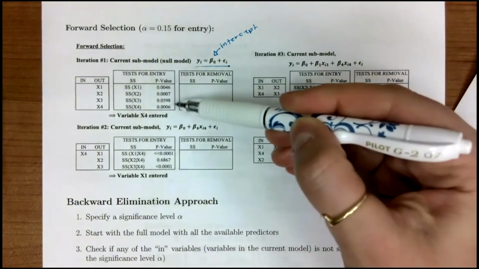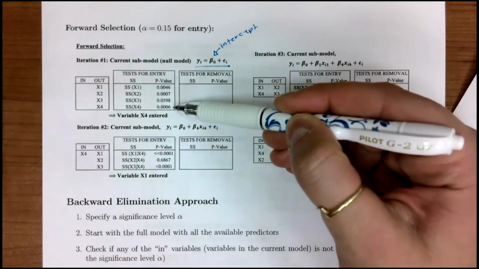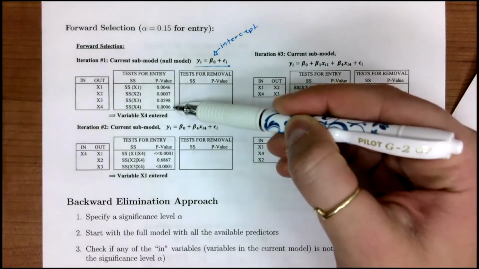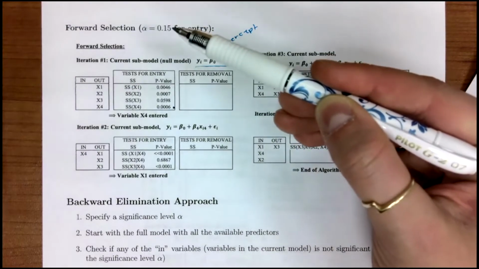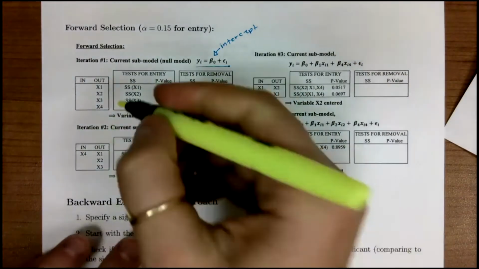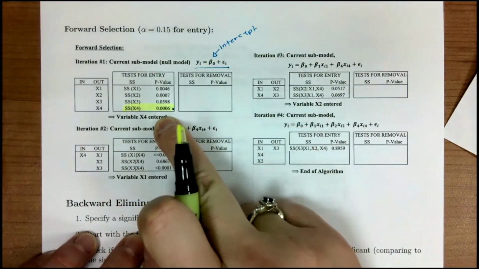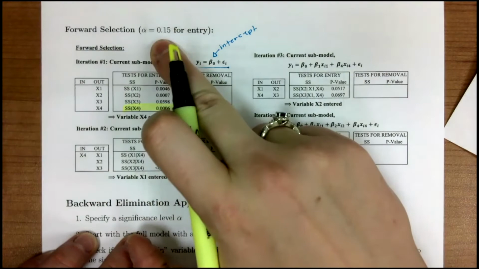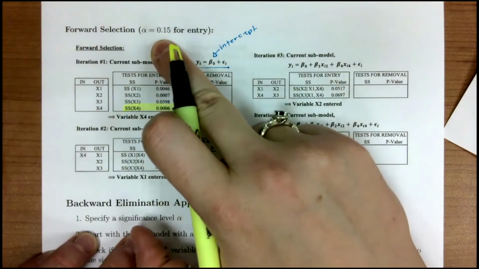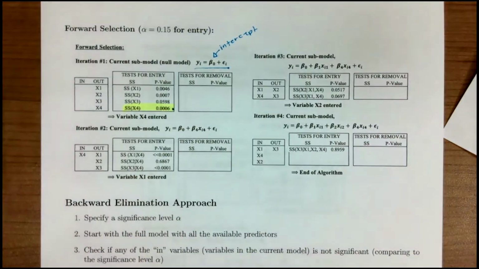Then we're going to choose the p-value that is the smallest, but then also still under our alpha level. So in this case, our variable 4 is our smallest p-value, and it's under our alpha 0.15. So we're going to say, yes, we want to include this variable, okay?